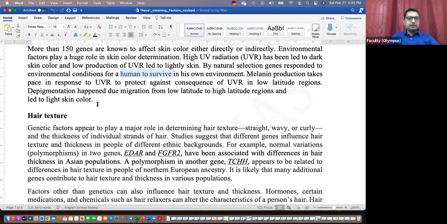Genetic factors appear to play a very important role in determining hair texture as well. Either people have straight hair, wavy hair, or curly hair, the three forms of hair that we talked about, or people may show different thickness of their hair.